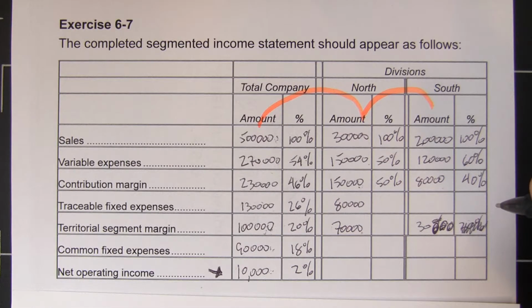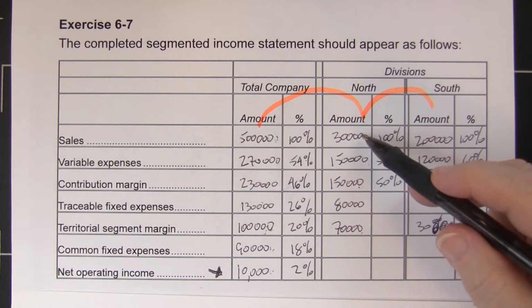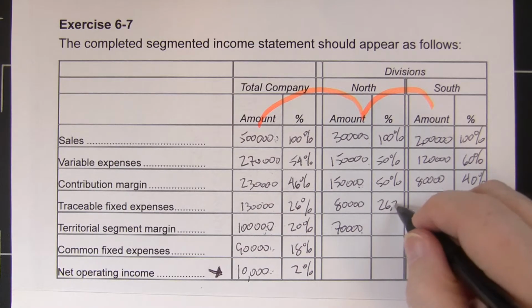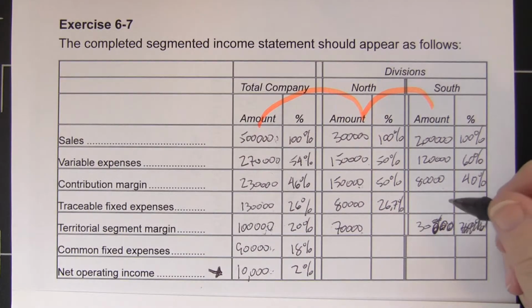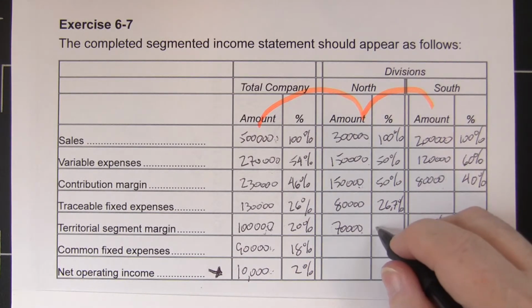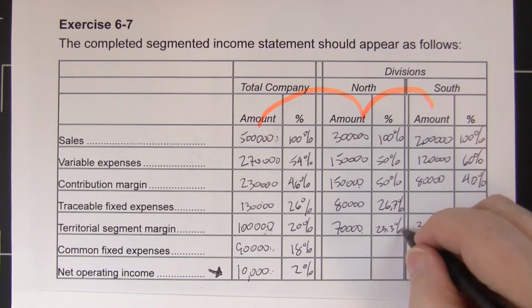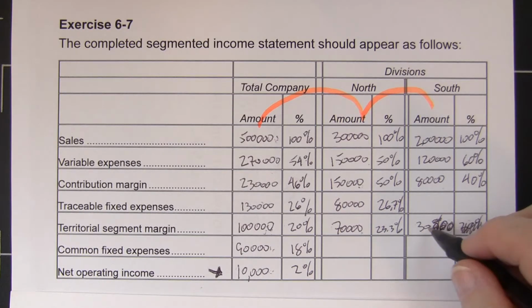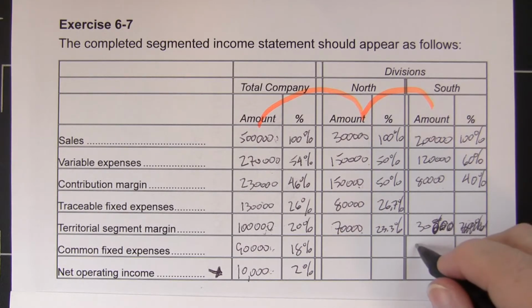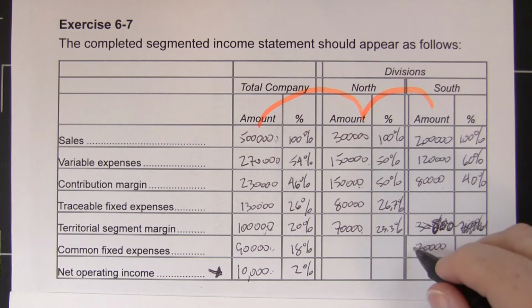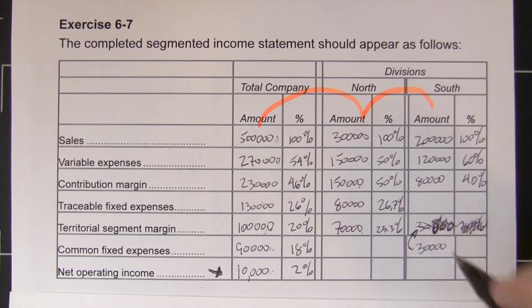And again, we'll do the percentages. 80,000 divided by 300,000 gives us 26.7%. 70,000 divided by 300,000 gives us 23.3%. And the only thing left here is the 30,000 they give us. I lied to you when I said they gave us the 30%. They gave us the 30,000.